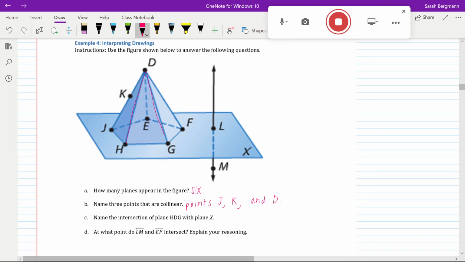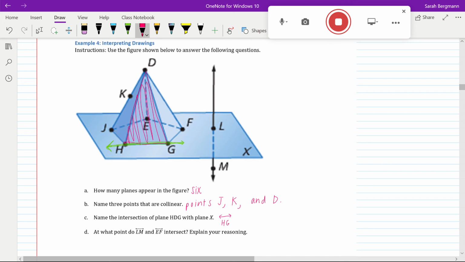That's this front face here, this plane. Where does it intersect plane X, which is the plane at the bottom? Remember, 2 planes always intersect in a line. So that would be this line here. And we call that line HG.